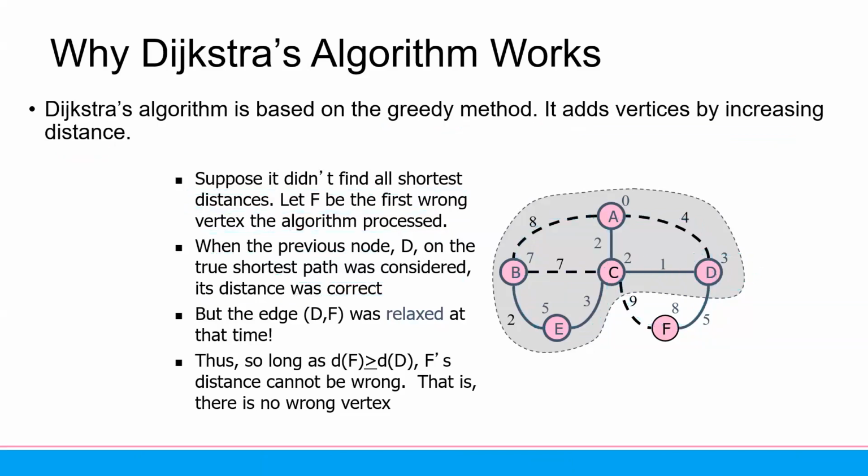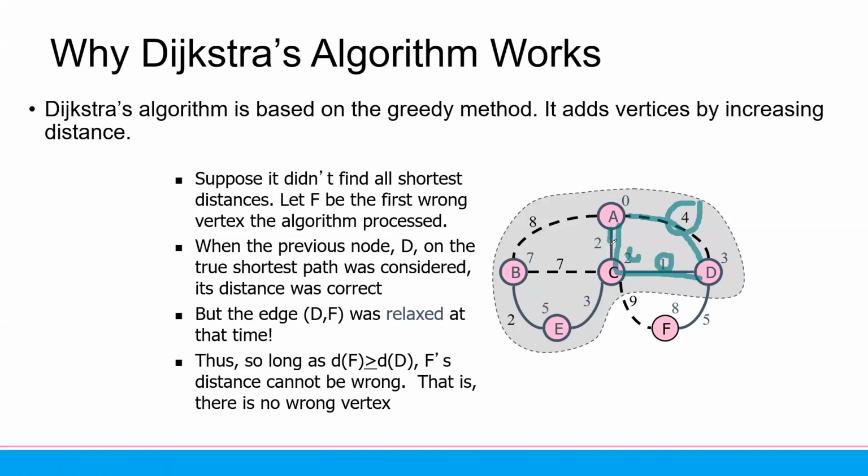So before we find F, we will check AD, and then we will check ACD. And we know that it is correct that ACD has distance 3. AD has distance 4. ACD has distance 3, because 2 plus 1. So it is correct.